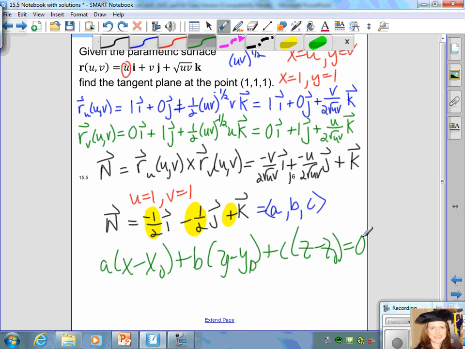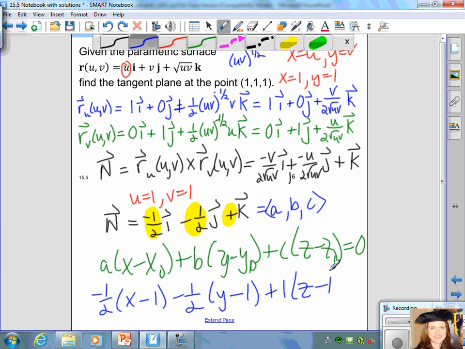When you plug in the a, b, and c that we found using the normal vector, we get negative 1/2 of x minus 1, minus 1/2 of y minus 1, plus 1 times z minus 1 equals 0. Again, we've used the components of the normal vector and the given point to find the equation of the plane, which can further be simplified.